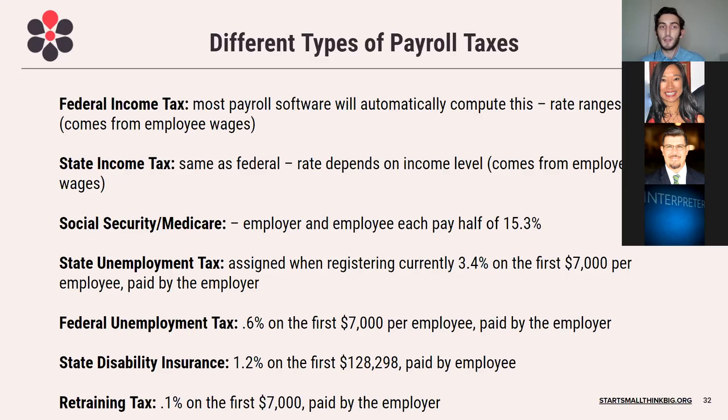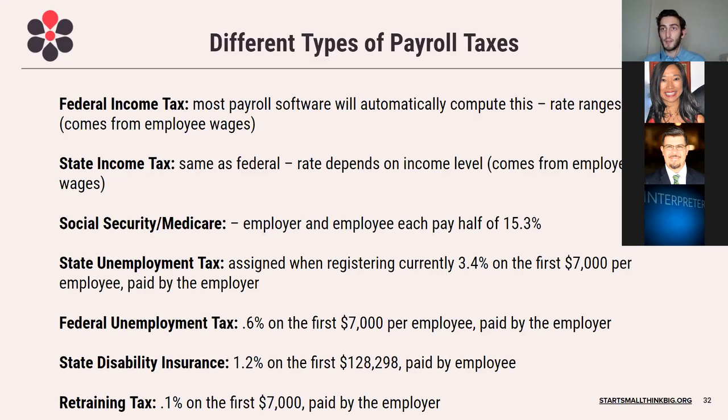You have the state unemployment tax, which is paid by the employer. You have the federal unemployment tax, which is also paid by the employer. You have state disability insurance, which is paid by the employee. And in California, there's something called the retaining tax, which is a pretty low tax on the first $7,000 of income.